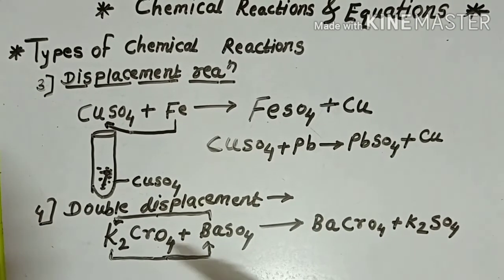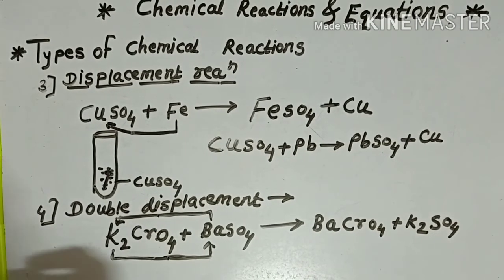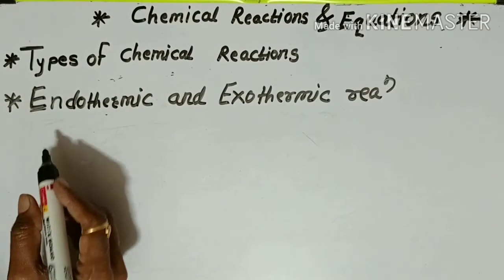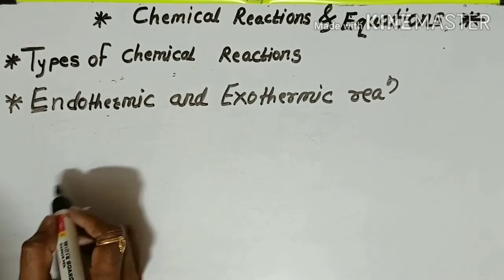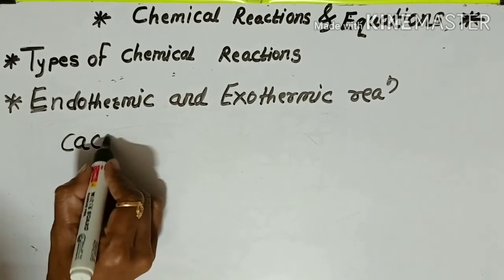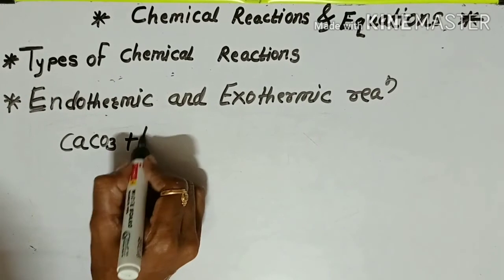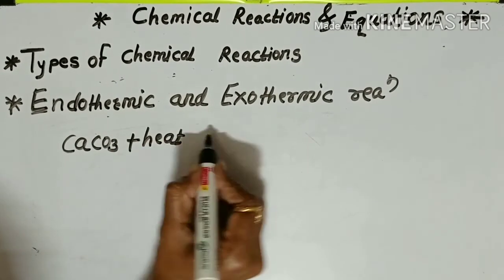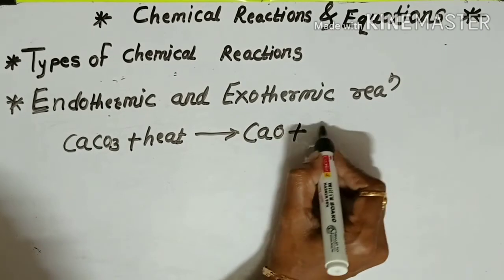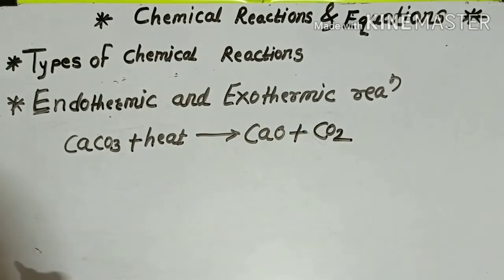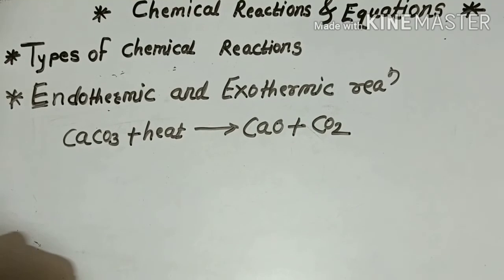Now the next type is endothermic and exothermic reaction. See, calcium carbonate plus heat. When we give the heat, it forms CaO, calcium oxide, and CO2, carbon dioxide.